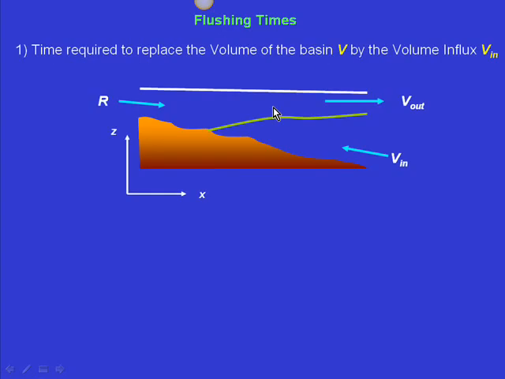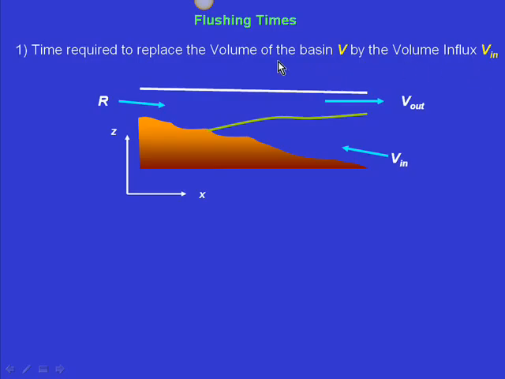Okay, so one way of defining residence time is the time required to replace the volume of the basin. V is the volume of the basin in cubic meters, or length cubed, divided by the volume influx into the basin.